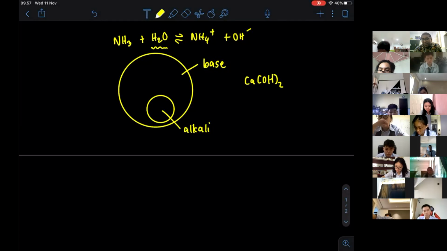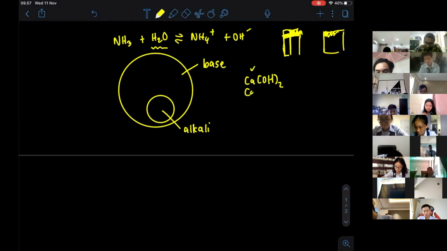Generally, if you look at your periodic table, this side will be basic oxides, and on the right-hand side they are all acidic oxides. For bases, all the group 1 are soluble, so probably somewhere from group 2 and group 3. Calcium is going to be one of these.